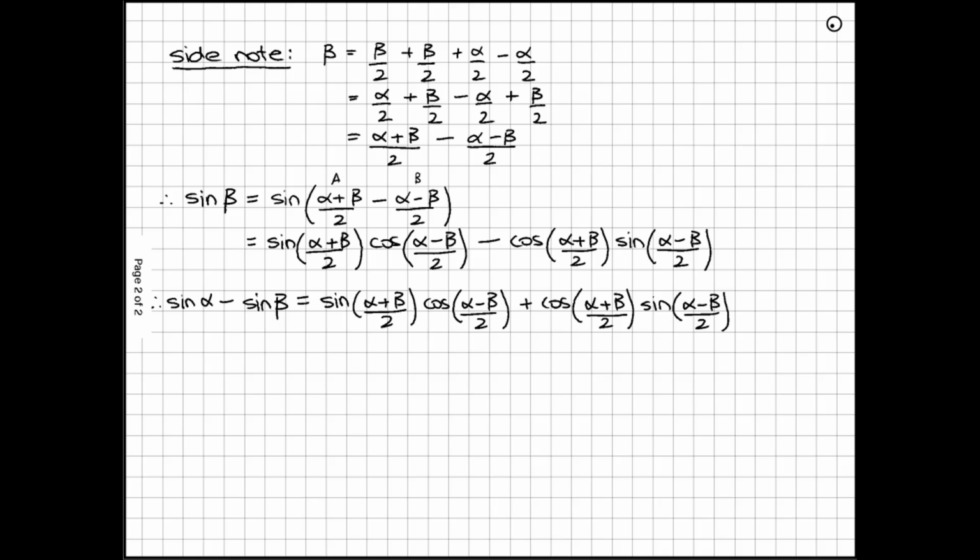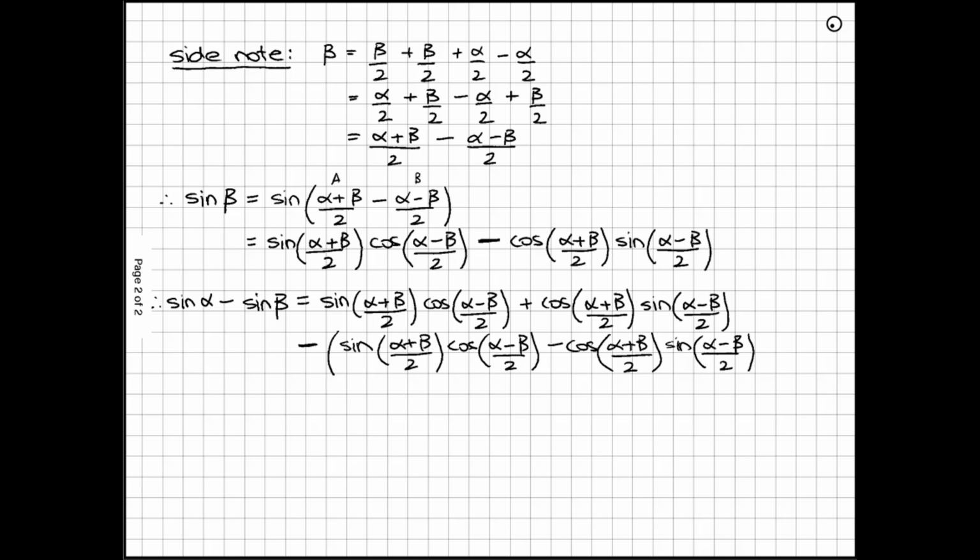So that's just rewriting the sine alpha result. And then we've got this minus, and in brackets we write out the whole sine beta result: sine alpha plus beta on 2 cosine alpha minus beta on 2 minus cosine alpha plus beta on 2 times the sine of alpha minus beta on 2, and that's all in brackets.